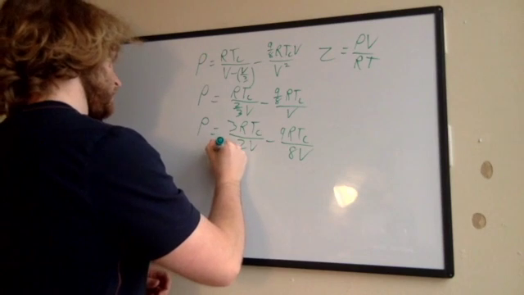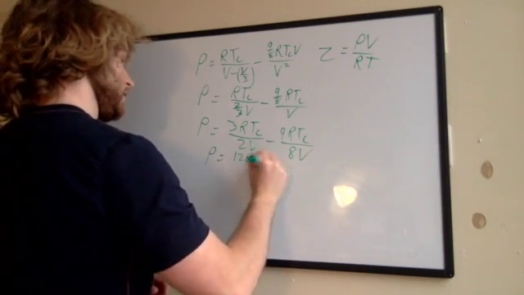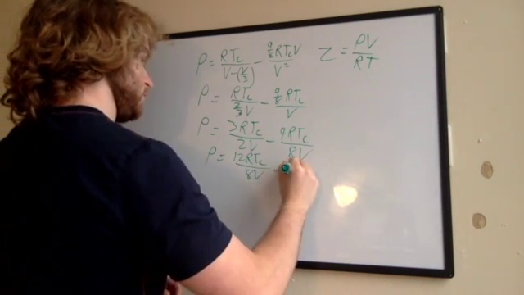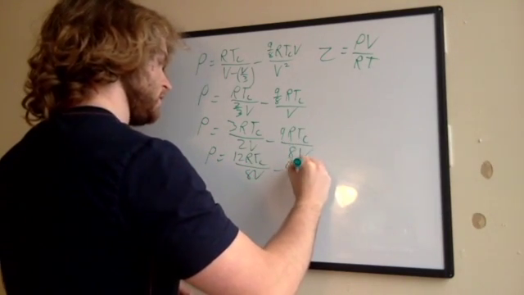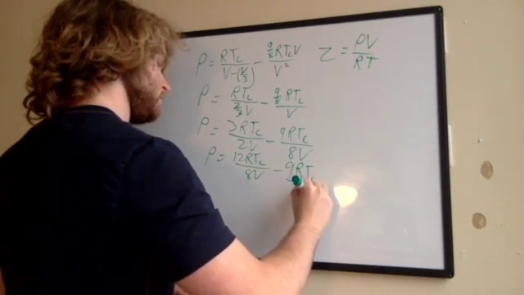So we're going to get 12RTc over 8V, and that is equal to, this one right here is not changing, that's going to stay how it is, minus 9RTc over 8V.